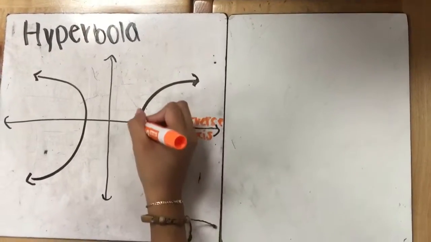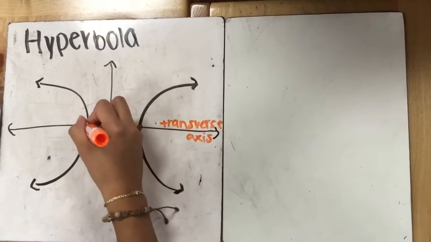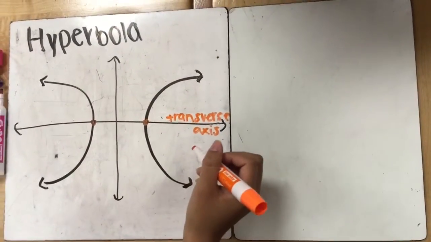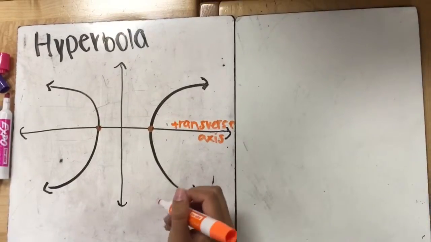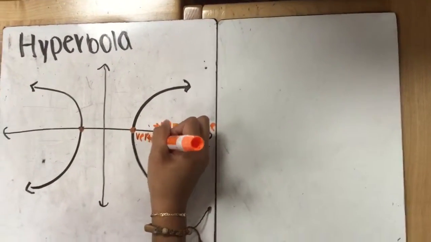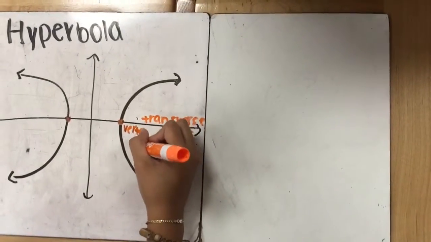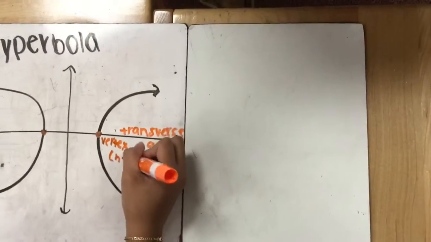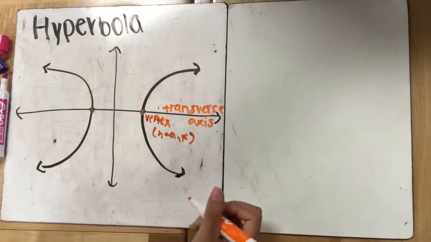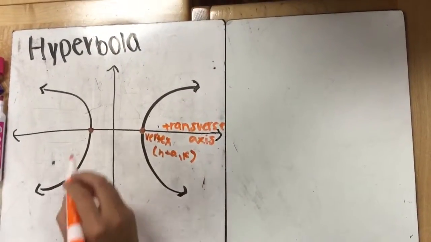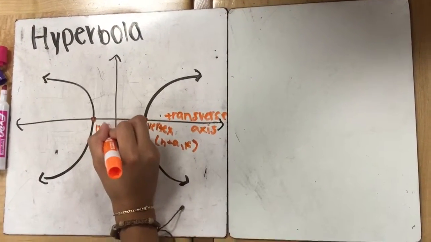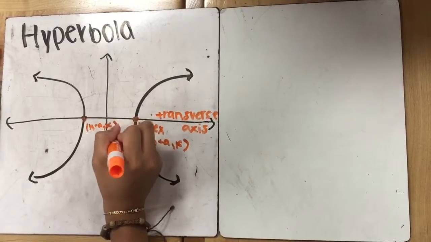And right here where these parabolas meet the axis, this is called our vertex, and is equal to h plus a, k, which is also found on this side, except on this side it would be h minus a, k.